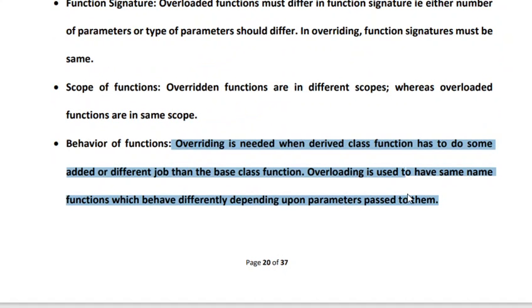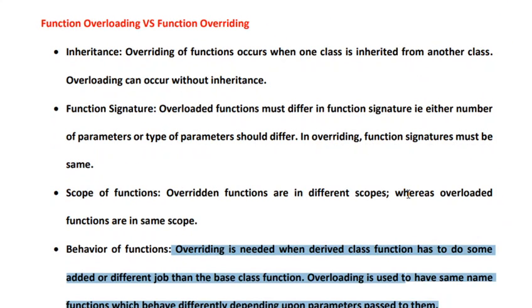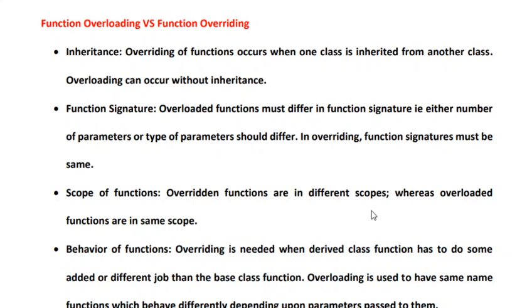These are the major differences between function overloading and function overriding. If someone asks you to differentiate between them, you need to differentiate in context to these four aspects: inheritance, function signature, scope of the function, and behavior of the function.